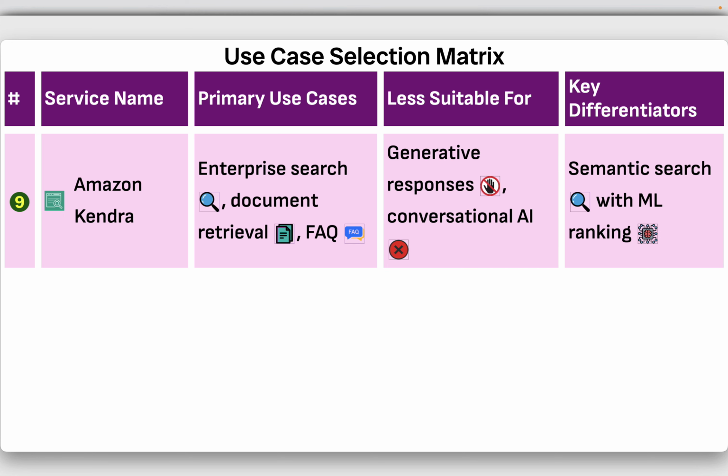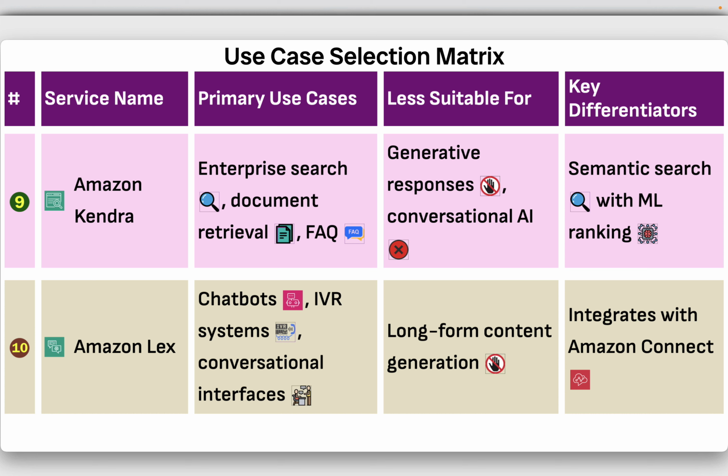Next service, Amazon Kendra. Primary use cases are enterprise search, document retrieval, and FAQ, frequently asked questions, but it is less suitable for generative responses or conversational AI. Key differentiators are semantic search with ML ranking.